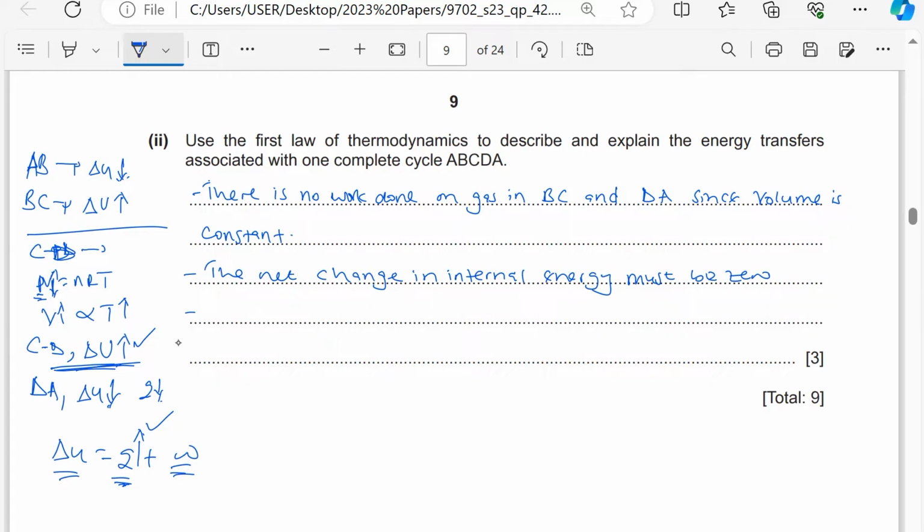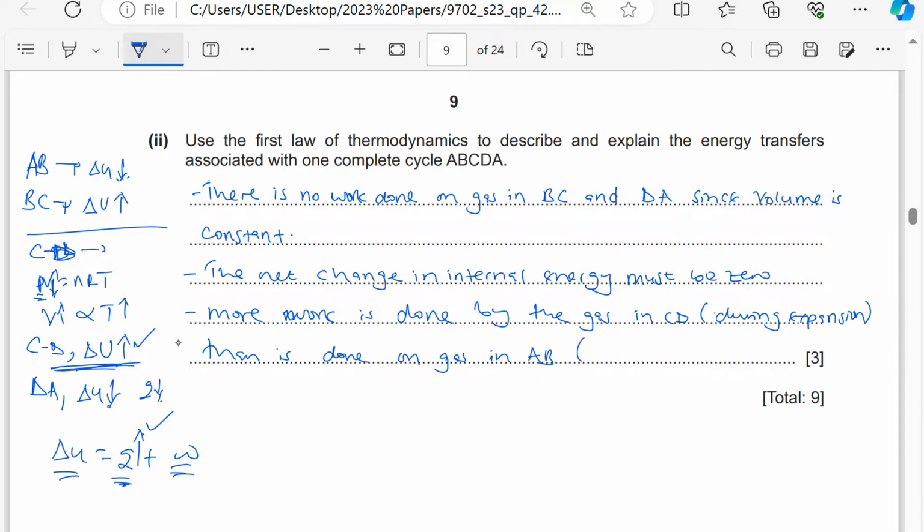More work is done by the gas in CD during expansion than is done on the gas in AB during compression.